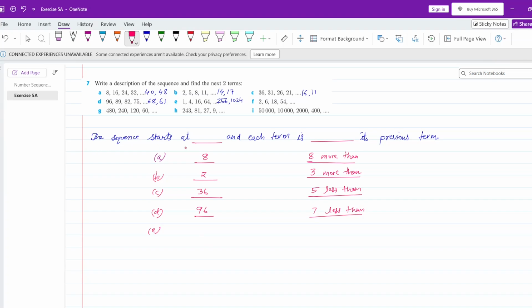So we can say the sequence starts at 1 and each term is 4 times its previous term. 2 times 3 is 6, times 3 is 18, times 3 is 54, times 3 is 162, times 3 is 486. So we can say the sequence starts at 2 and each term is 3 times its previous term.